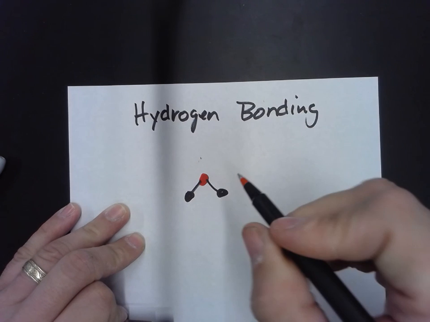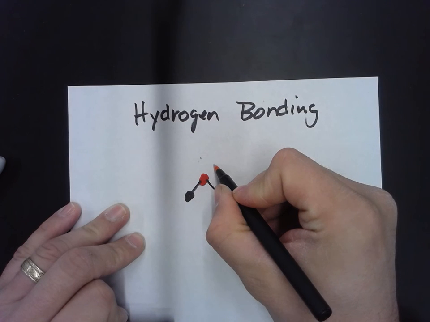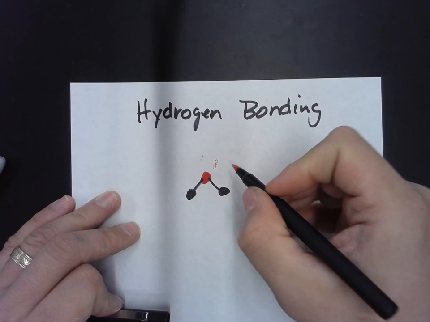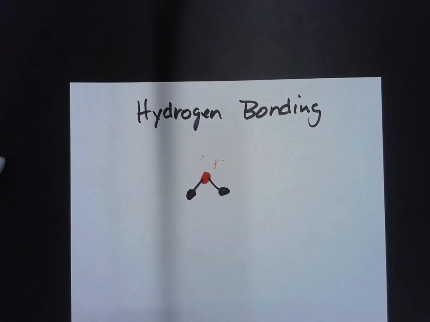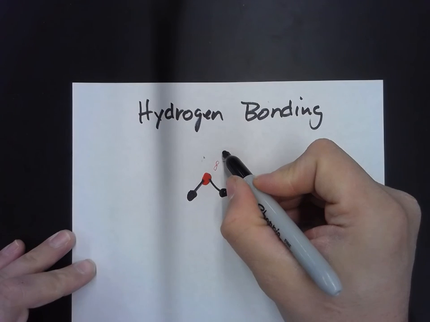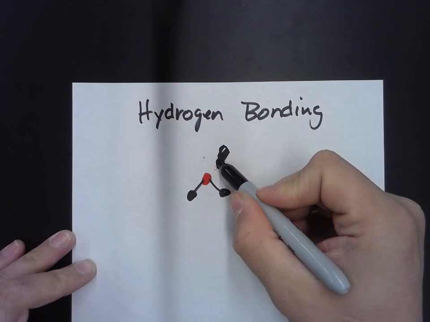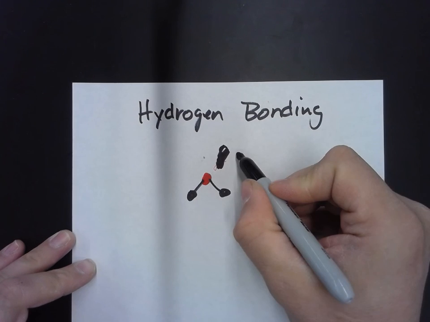The way we indicate that is with this little lowercase delta sign. Let me pause, I'll get a better pen. I'll just draw it with the Sharpie. Here's the symbol you make. It looks almost like a figure eight. And you put a negative.